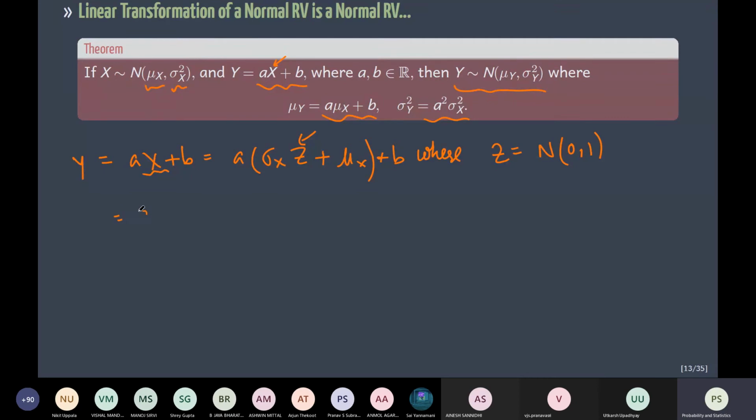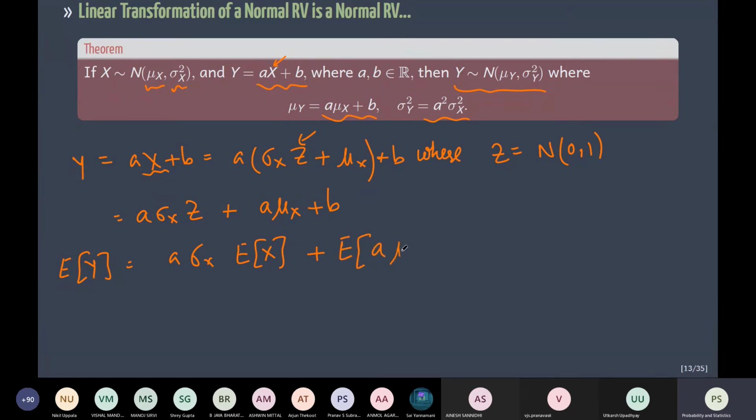So this will be a sigma x z plus a mu x plus b. Now we can go ahead and compute the expectation of y, and this will be a sigma x times the expectation of z plus the rest, and the expectation of the remaining part will stay the same because these are constants. The expectation of a constant is the same constant.